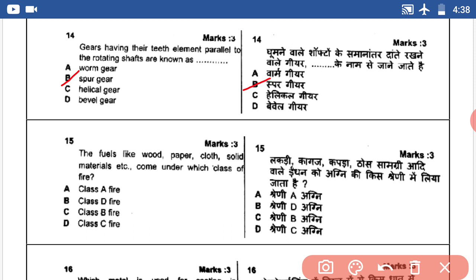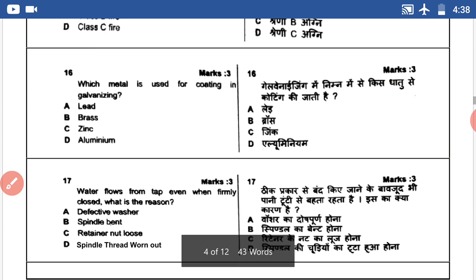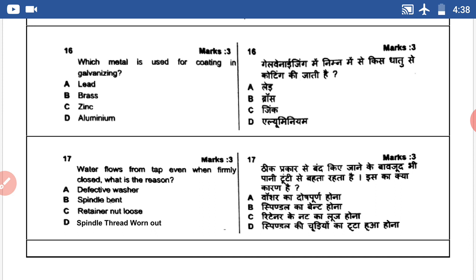Answer A. Question number 16. Which metal is used for coating in galvanizing? This question's answer: zinc. Answer C.